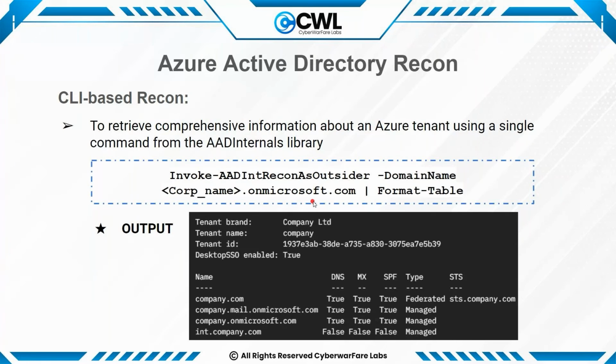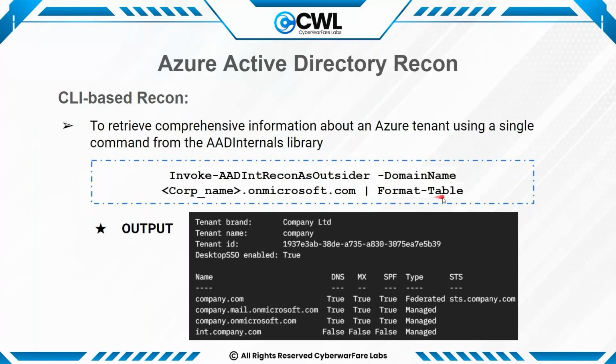In our case, we need to enter the corporation name here, followed by onmicrosoft.com. This is the subdomain of Azure Active Directory, and to get the whole result in a tabular form, we'll be using Format-Table.